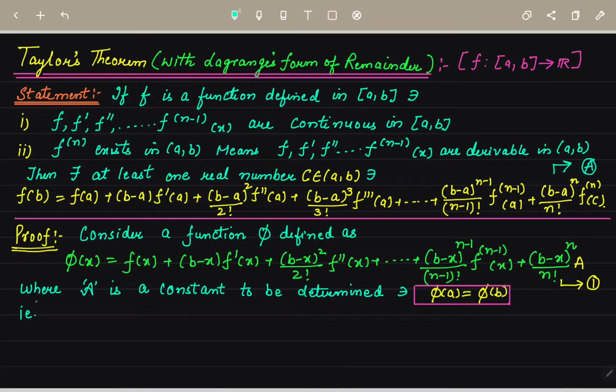Where A is a constant and to be determined such that phi of a is equal to phi of b.